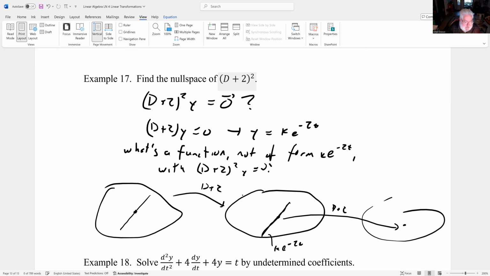Back here in our function space, we know that the same line, k e to the minus 2t, gets mapped to 0 by d plus 2. But what's another function that gets mapped to e to the minus 2t?